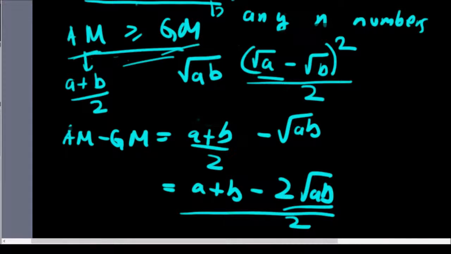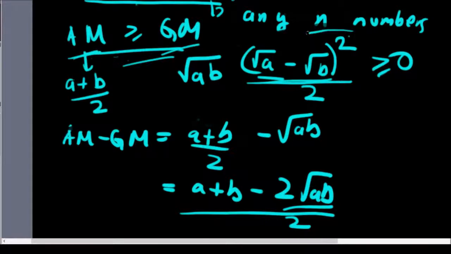But notice that this is a square term, that means this term will always be greater than or equal to 0, and a positive number divided by 2 is always a positive number. Therefore this thing will always be positive. It can be equal to 0 as well if root a is equal to root b.